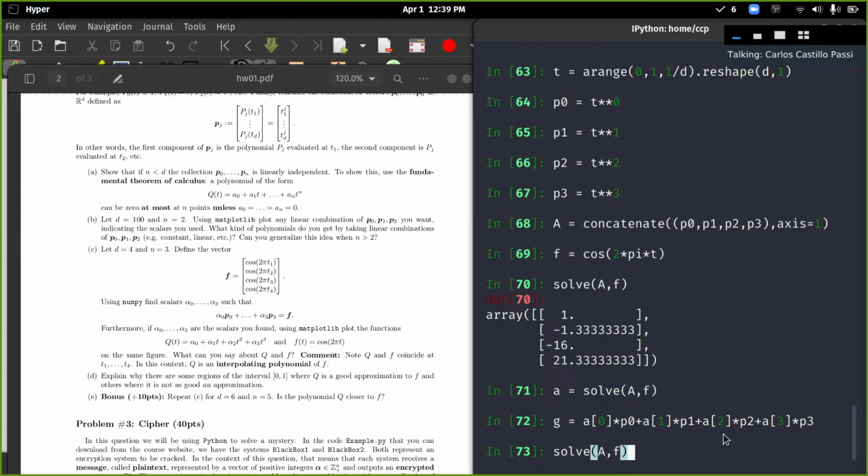Alright, and now I will plot the functions. I will just write it again. Sorry. T comma f, T comma g.